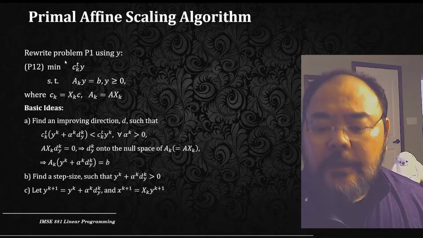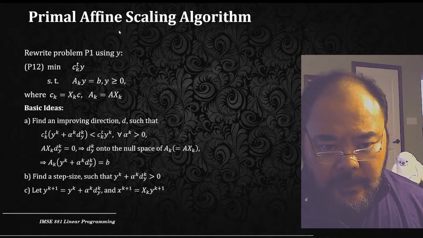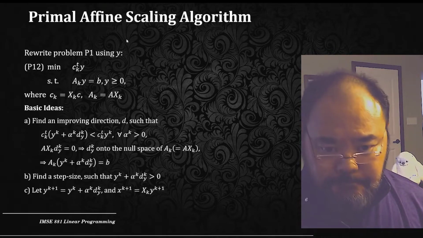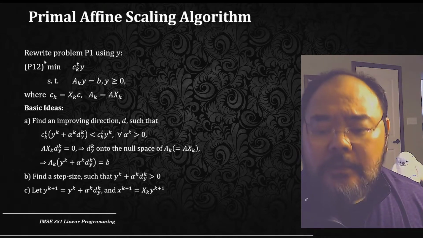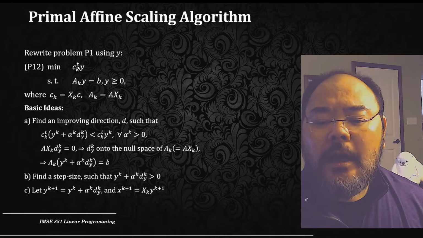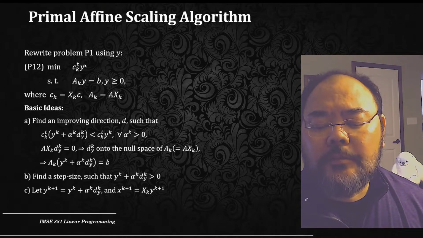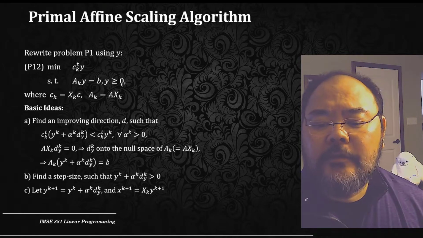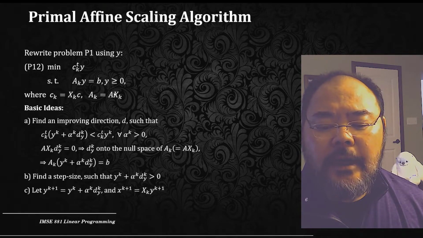Now we start talking about the affine scaling algorithm, the primal affine scaling algorithm. Given the current P1, we try to convert it into P12, which is minimize ck transpose times y, where y is transformed xk, subject to ak times y equals b, and y is non-negative, where ck here is actually xk times c, and ak here is actually a times xk.